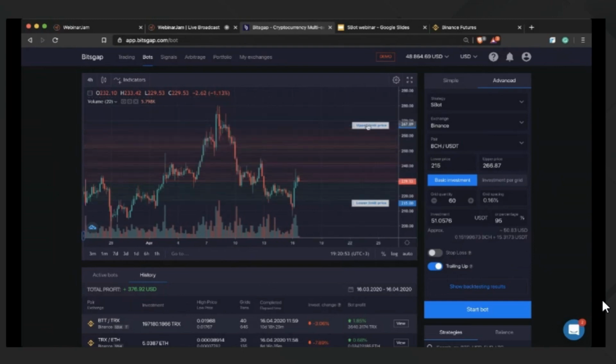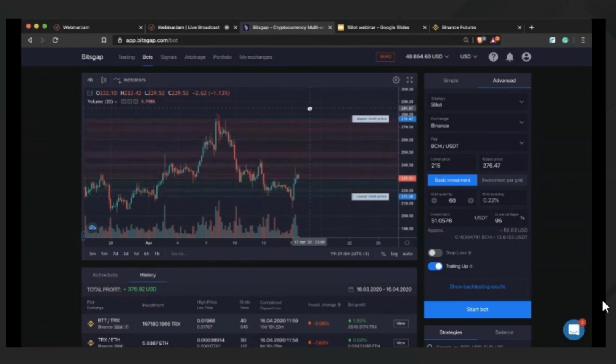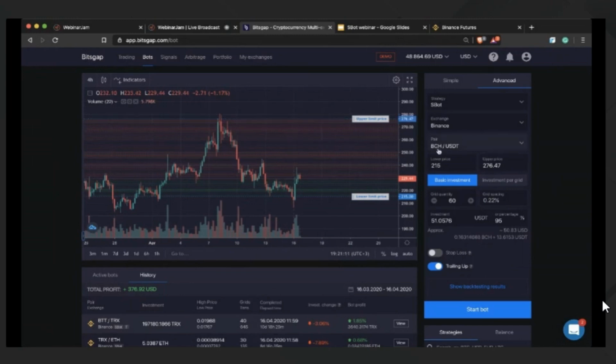So the wider your sell zone is, the more of the base currency you must have on your balance, or the bot will have to buy it. All right. So keep in mind that the wider the sell zone, the more is your risk exposure to the, in this case, Bitcoin Cash price fluctuation.